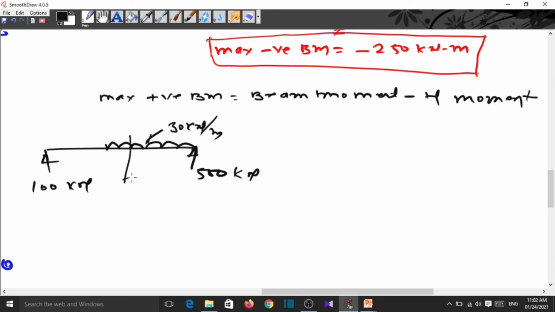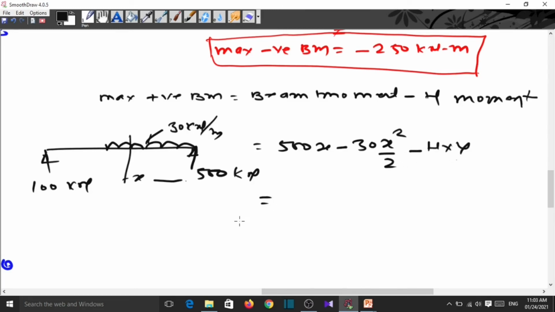So here this is x. So beam moment is equal to what? It is 500 into x minus 30 into x by 2, 30x square by 2. This is the beam moment minus H into y.